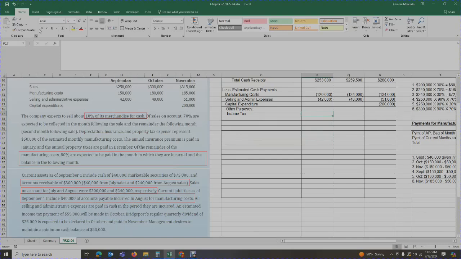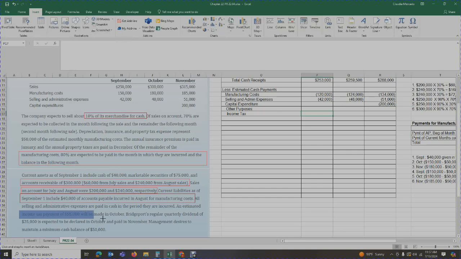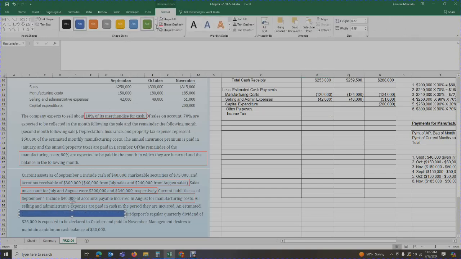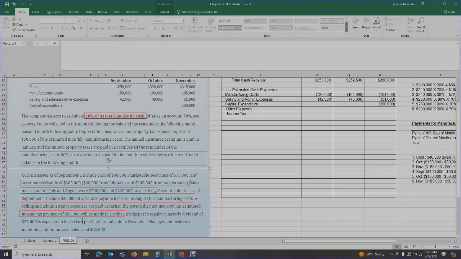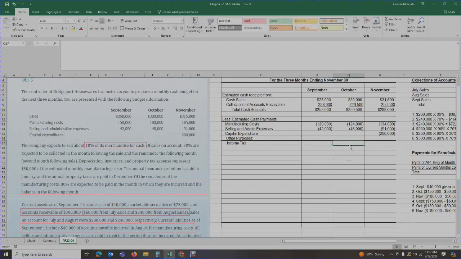So we need to get that data and put it in the table. Income tax will be made in October. So it's a lot of reading, making sure that you take care of all of the items being referenced in the problem. So we've got $55,000 in October for income tax purposes. So we have that $55,000 over here.